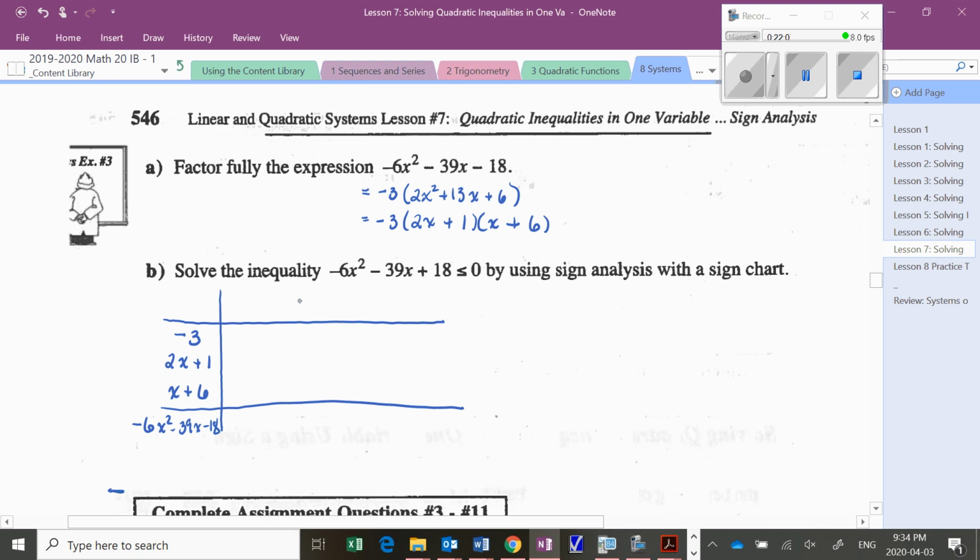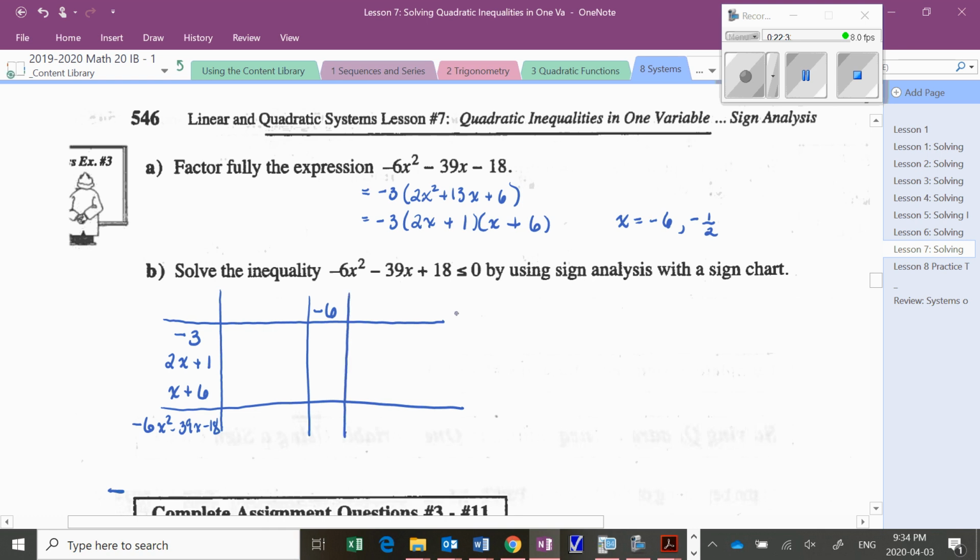So you can do the chart like they did before, or if you want, you can put in those zeros, which are -6. X is equal to -6. The other one would be if 2x plus 1 equals 0. So x would then be equal to -1/2.